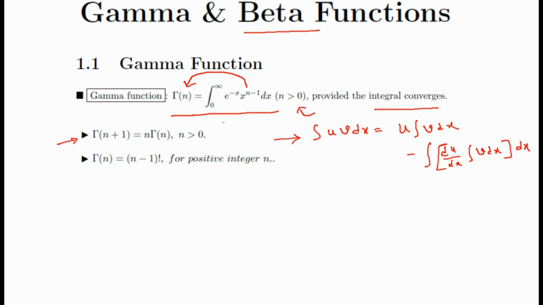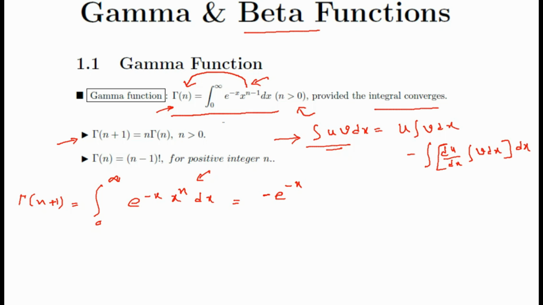So gamma n plus 1, from this definition you can write as integral from 0 to infinity, putting n plus 1 here, e to the power minus x times x to the power n dx. If you use that formula, you will differentiate this x power n and integrate e power minus x.